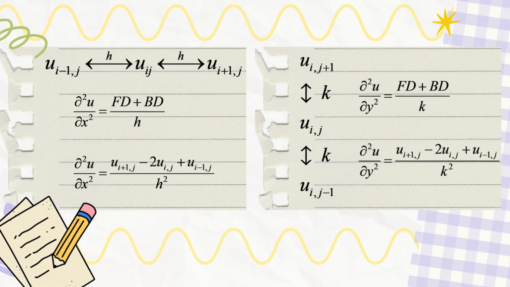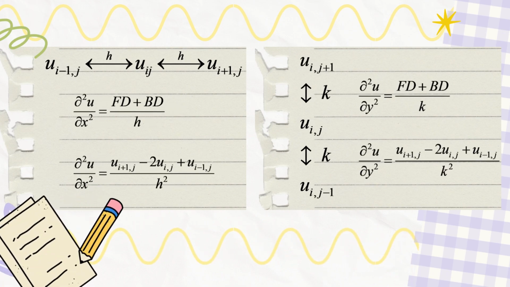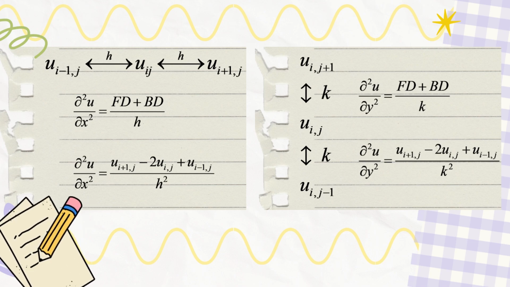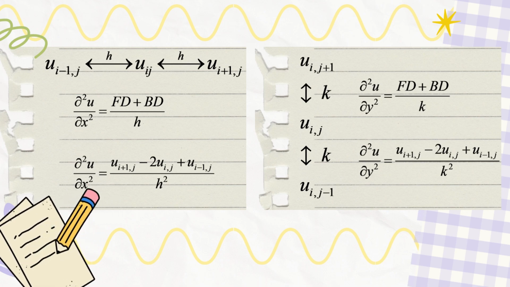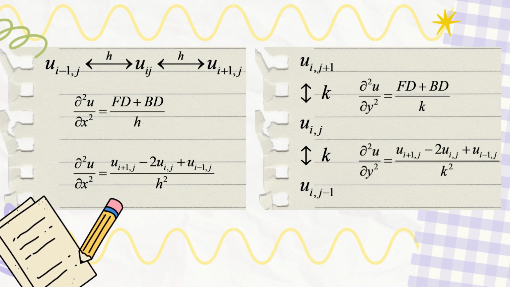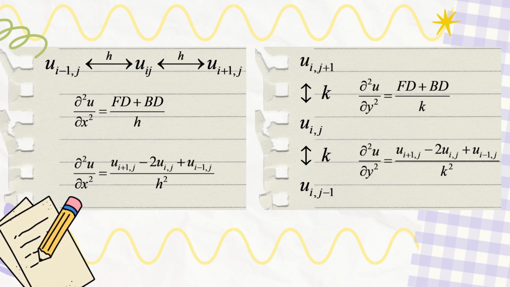Next, if we consider both forward difference and backward difference all together for the x direction, it implies the second order PDE for the independent variable x, which has the formula of forward difference plus backward difference over h.